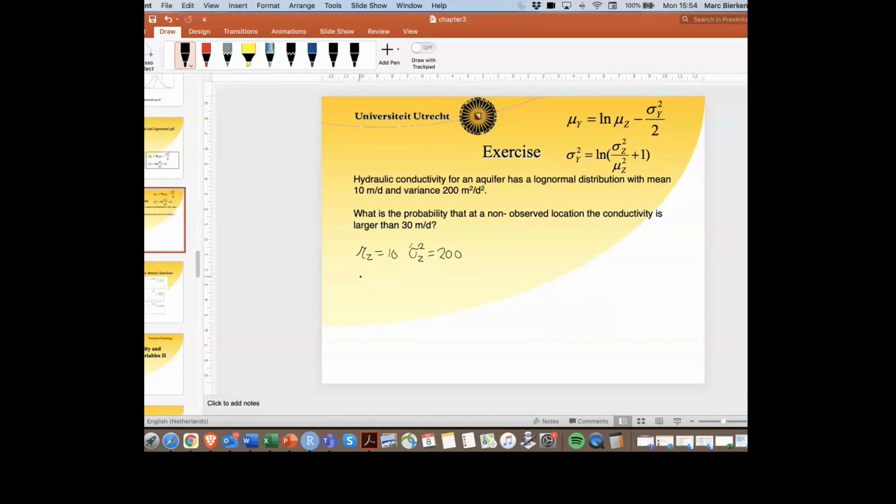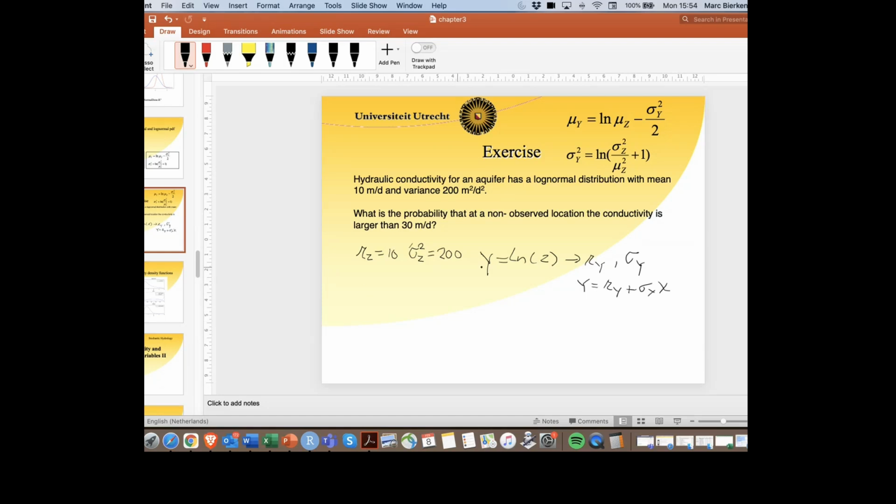So first I'm going to calculate. I want y is ln z, and I want to first calculate the mean of y and the standard deviation of y, because if I have that, then I can say that y is the mean of y plus the standard deviation of y times the standard normal, and I can get my probability reading from the table.